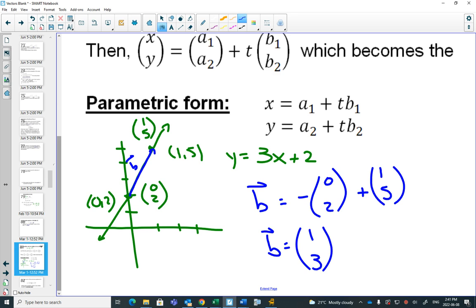Notice that my direction vector has an x value of 1, a y value of 3. How that relates to the slope of our line being rise over run, right? When you write slope, you write the y over the x. When you write a direction vector, the x is on the top, the y is on the bottom.